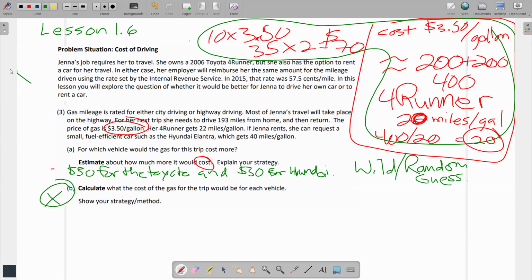Somebody compare for me. I guess that it was like half. Yeah, right. It's going to be like half because the Hyundai gets twice as good gas mileage. Excellent. Good job. So based on my guess for the Toyota of 70, about half of that would be like 35. So I would guess the Hyundai is going to take about 35 bucks in gas to get there.